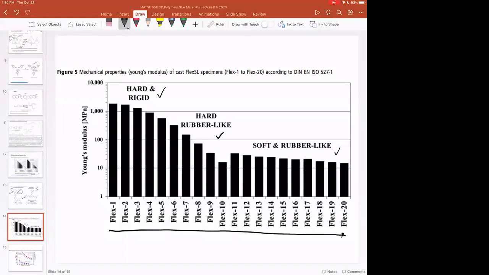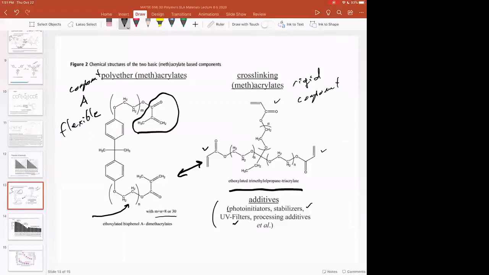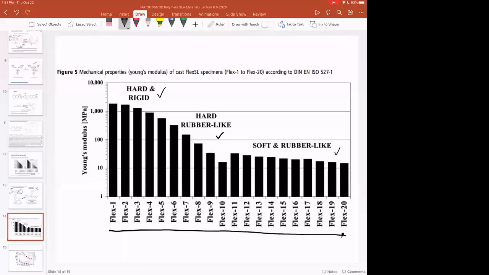So for thermoplastic materials, basically we needed ABS, we needed a thermoplastic elastomer, we needed a polyurethane, we needed different polymer chemistry to obtain all these different properties. But that's not the case for SLA resins, where we have a multi-component mixture and we can basically build in whatever material properties we want through the recipe rather than through the polymer backbone.